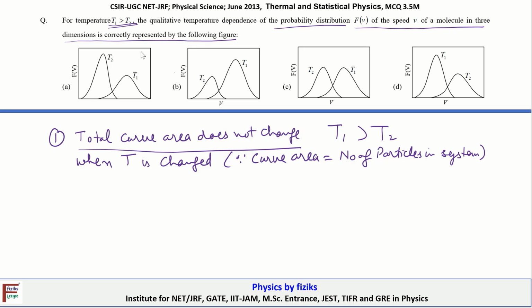And the second important point is, at higher temperature, the distribution function Fv shifts to higher velocity.